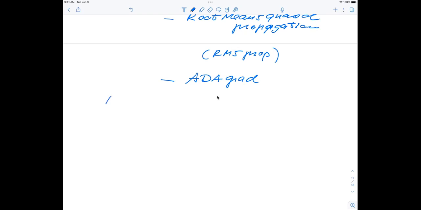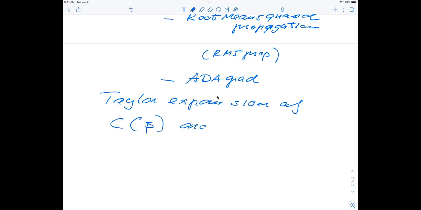So let's take a look at the Taylor expansion of C of beta around the optimal value, beta hat, minus the value from the previous iteration, beta of k.